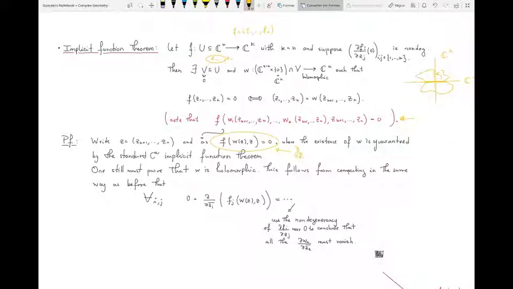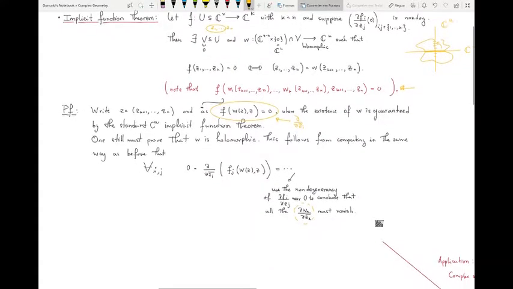Doing a computation and using the non-degeneracy of ∂f_i/∂z_j near 0, we conclude that these guys here must vanish, which is the condition that the w_k's are holomorphic, which means W is holomorphic.